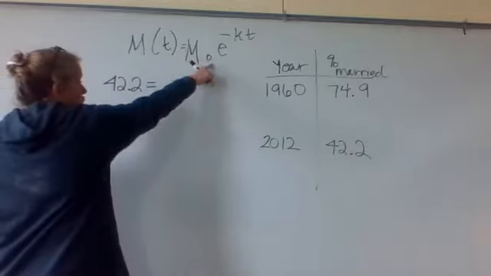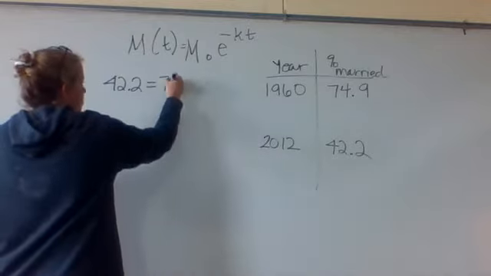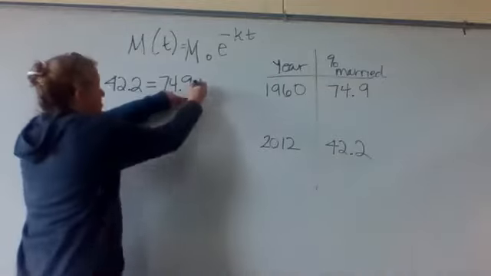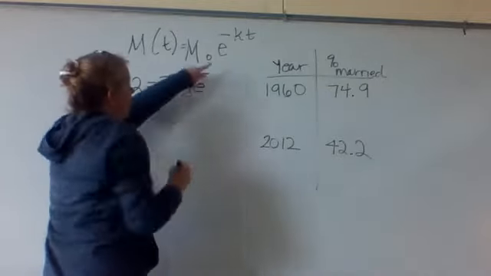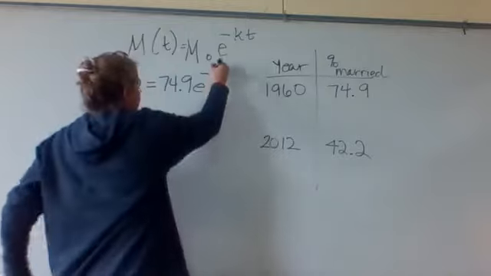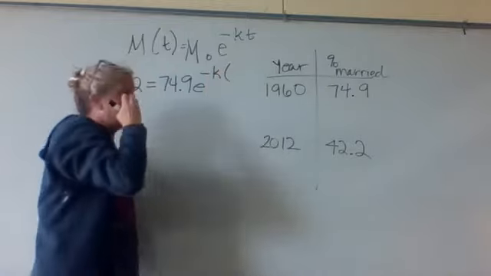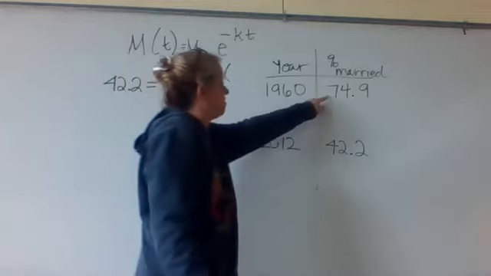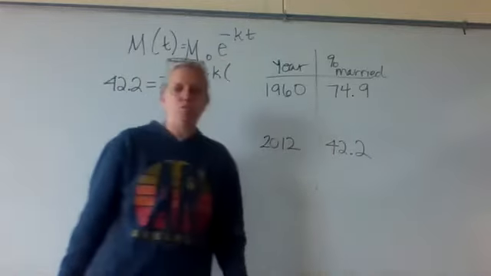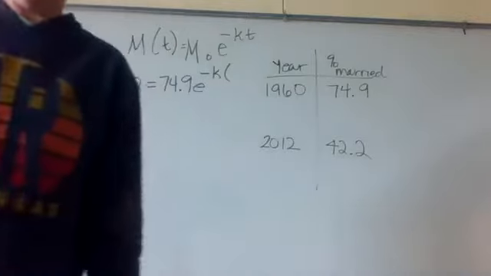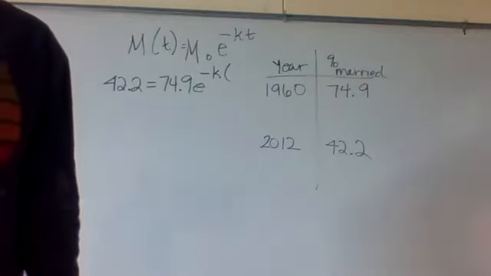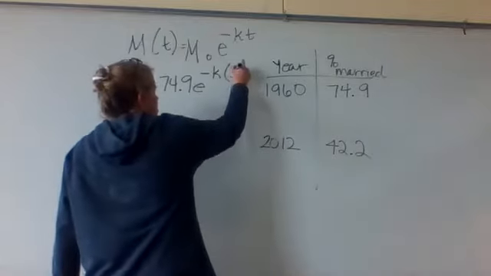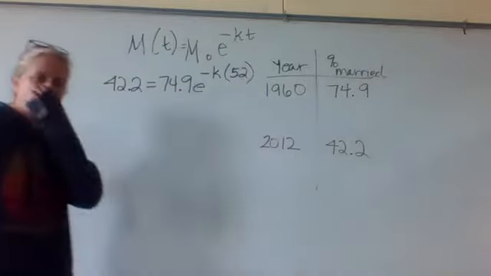This is always your starting amount, which is 74.9, E to the negative, I don't know the K. Do I know the amount of time that it took to get from 74.9 to 42.2? I do. I know that it was from 1960 to 2012, which is 52 years.